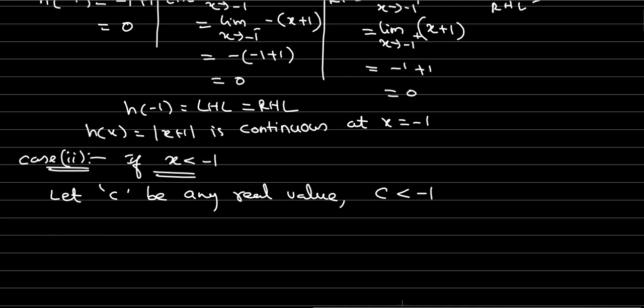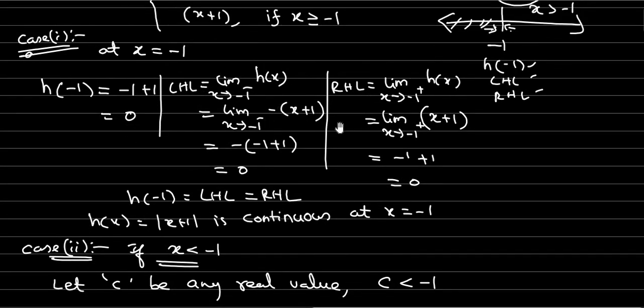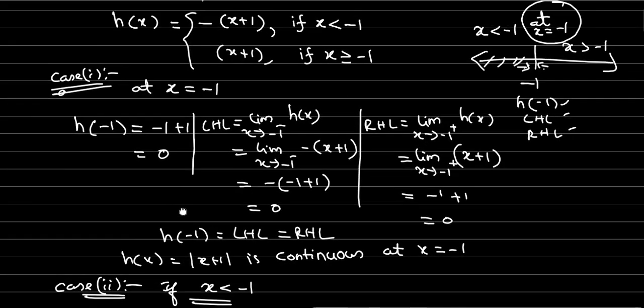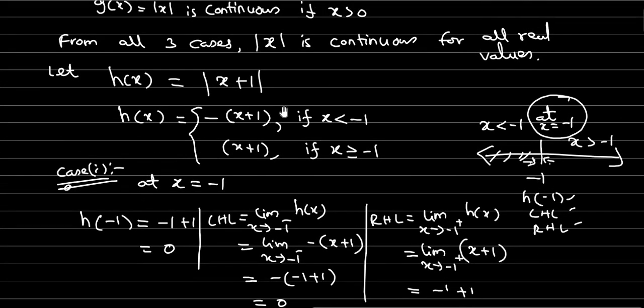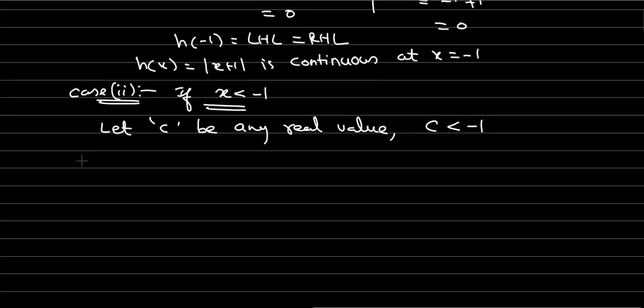Okay, so to check the continuity, we need h of c, then left hand limit, right hand limit, required, no? So first h of c, let's find out. So c is less than minus 1, the suitable one is what? h of c equal to minus of c plus 1. So h of c will be minus of c plus 1.